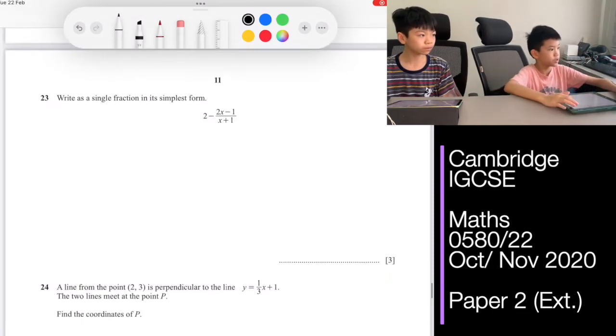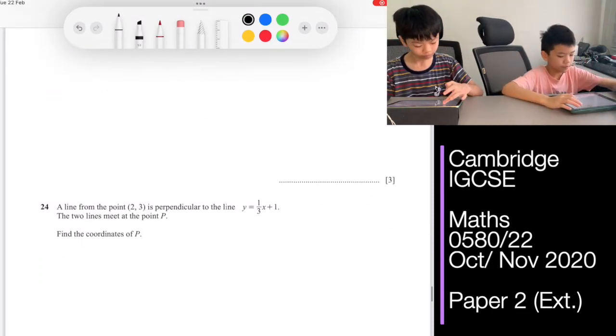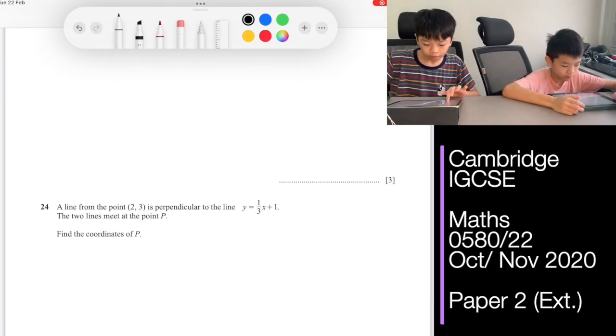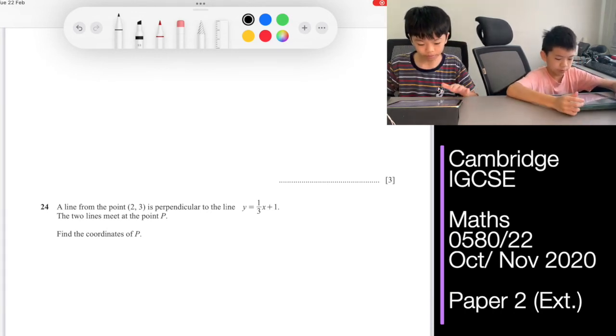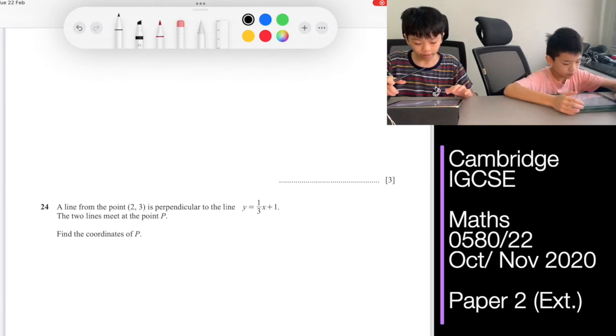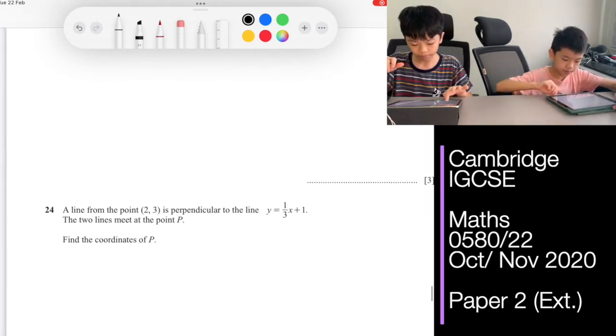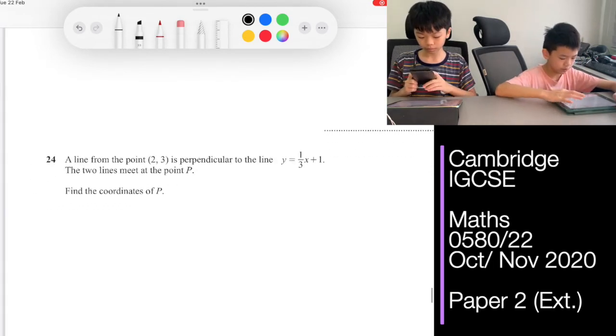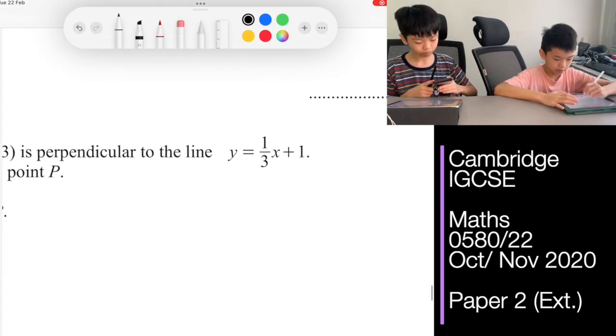Okay, for question 24. A line from the point 2, 3 is perpendicular to the line y equals 1/3 x plus 1. The two lines meet at the point P. Find coordinates of P. So first we find the line equation for the perpendicular line.